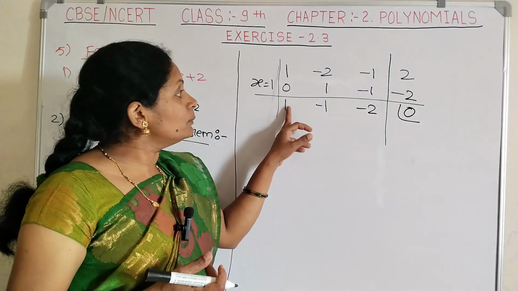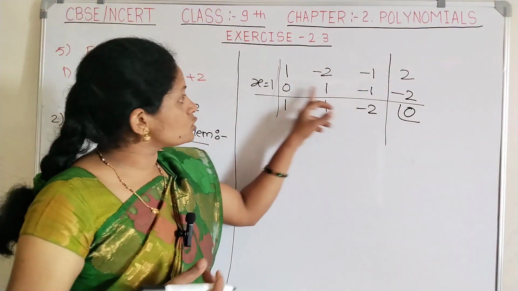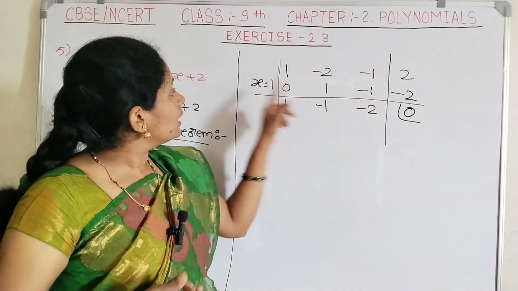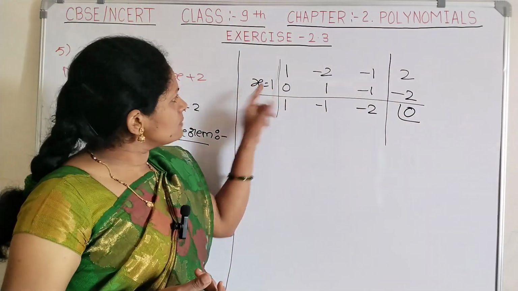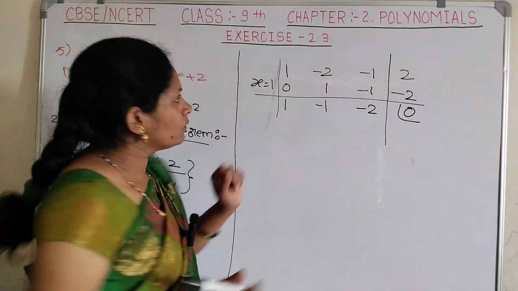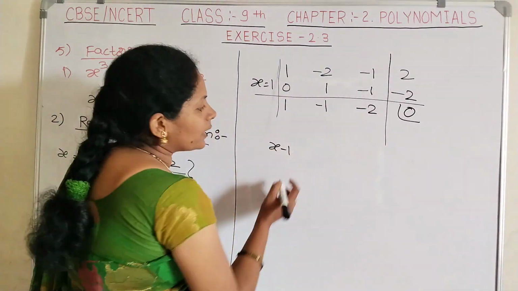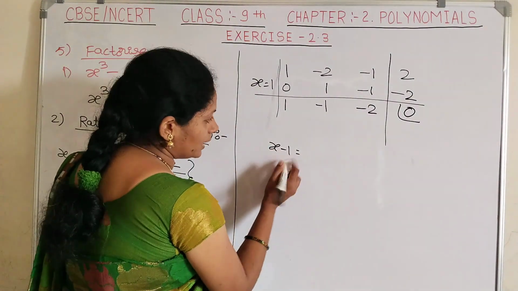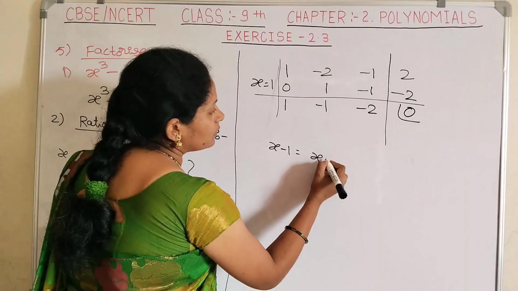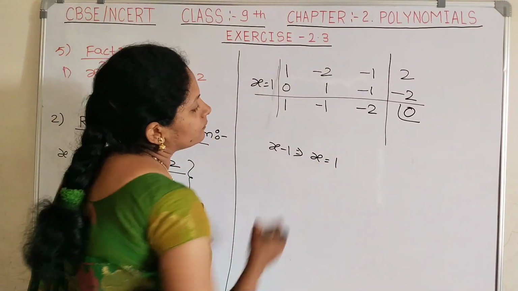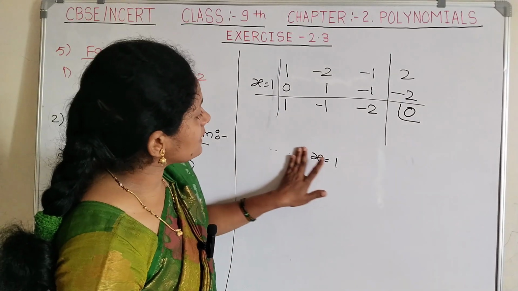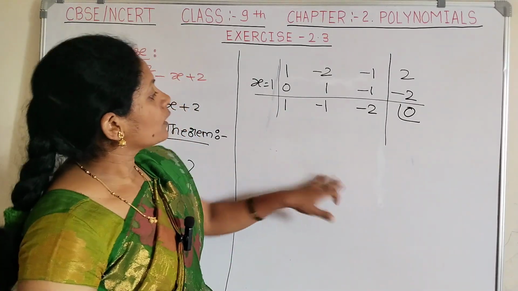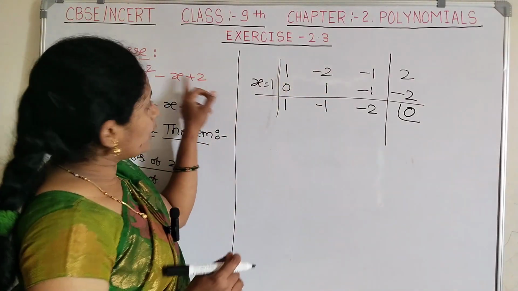If we come to the next step after solving this, x minus 1 is the factor. Why am I saying x minus 1? Because x equals 1 can be written as x minus 1 when it comes to the other side. That's why x minus 1 is a factor of this polynomial.